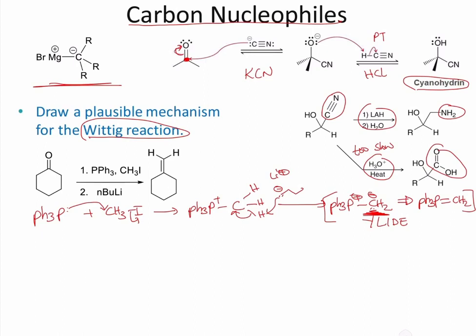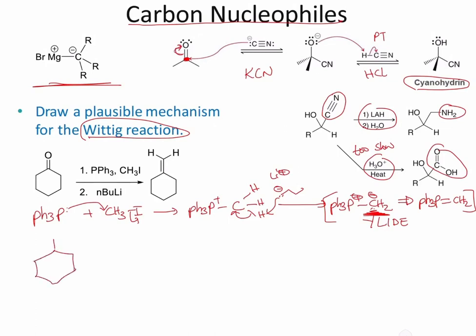So in the presence of a carbonyl, we can use the CH2 minus charge connected to Ph3P with the plus charge, and this is going to attack that, and that goes there.